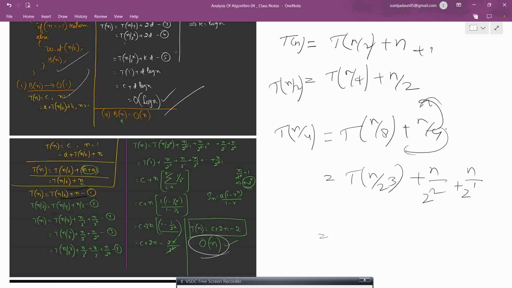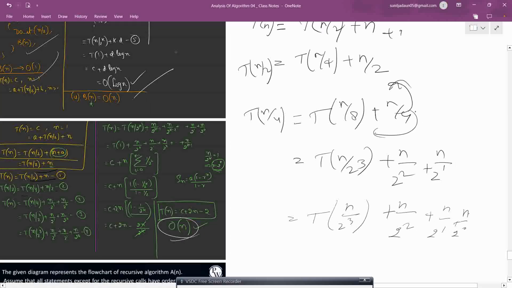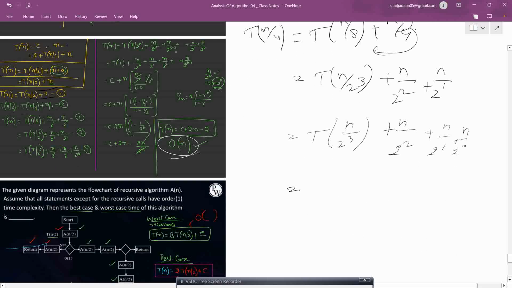So then we will get 3, 0. So what will become of that if T of n by 2 to the k minus 2 is n by 2 or 0.